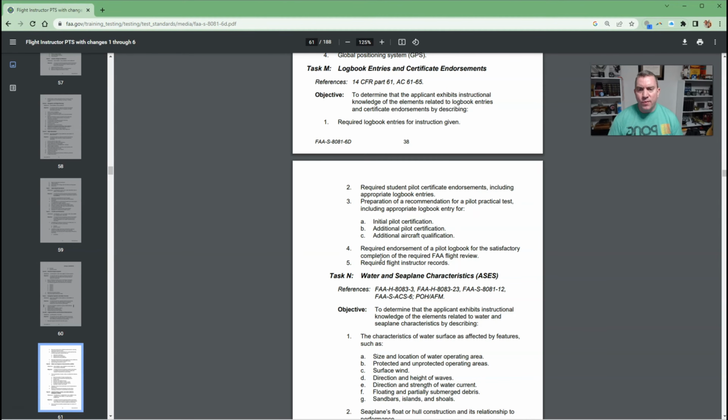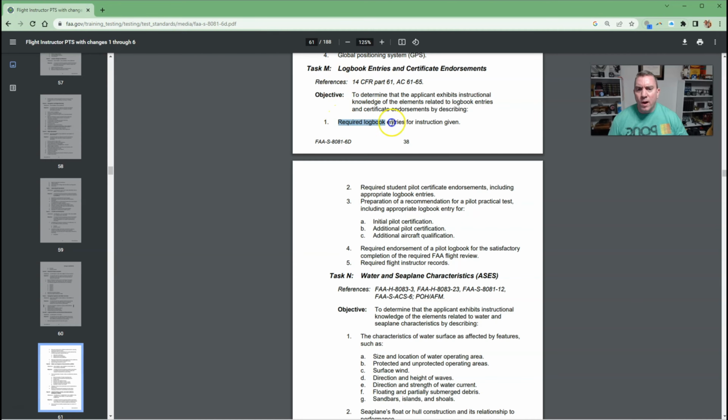Now, there is another task that goes very, very closely along with Area of Operation 2 Task Mike, and it's Area of Operation 3 Task A, and we'll look at that here in just a second. Normally, these two things are very closely examined together when you're explaining logbook endorsements. Sometimes you'll actually explain the items that are in Area of Operation 3 Task A, but let's look and see what it wants you to do.